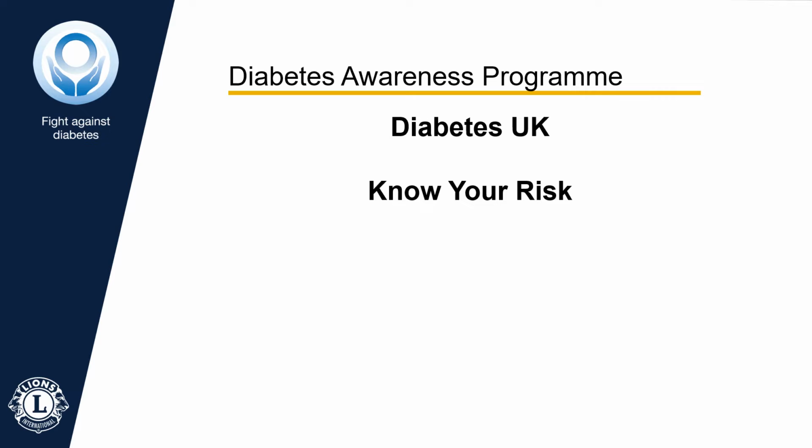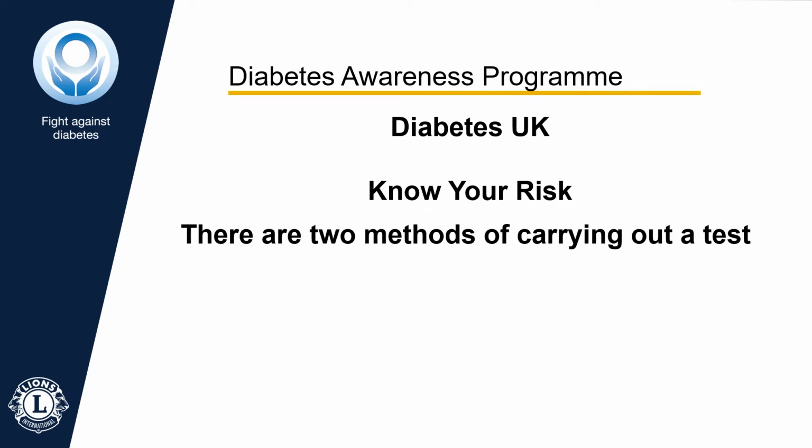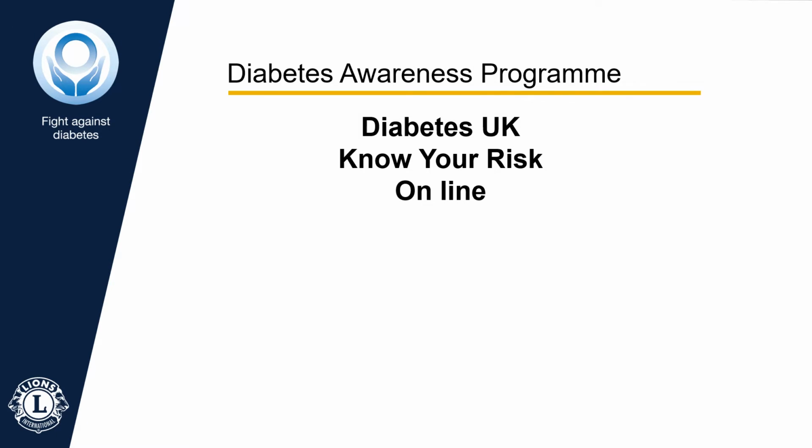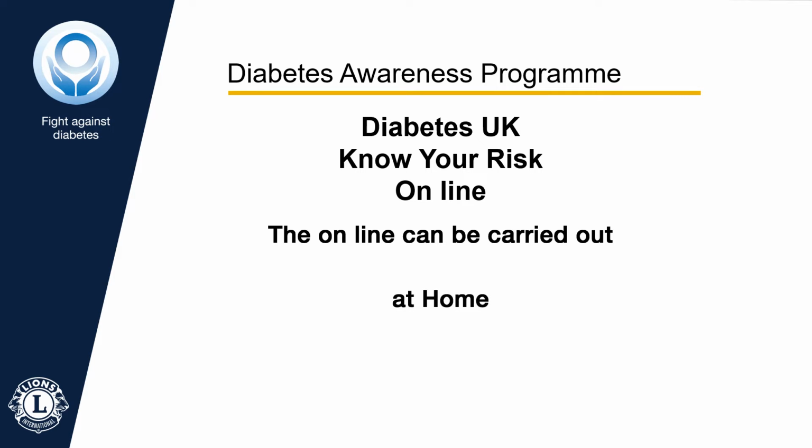Diabetes UK, Know Your Risk. There are two methods of carrying out a test. The first is face-to-face, and the second is online. The online test can be carried out at home or at an event.